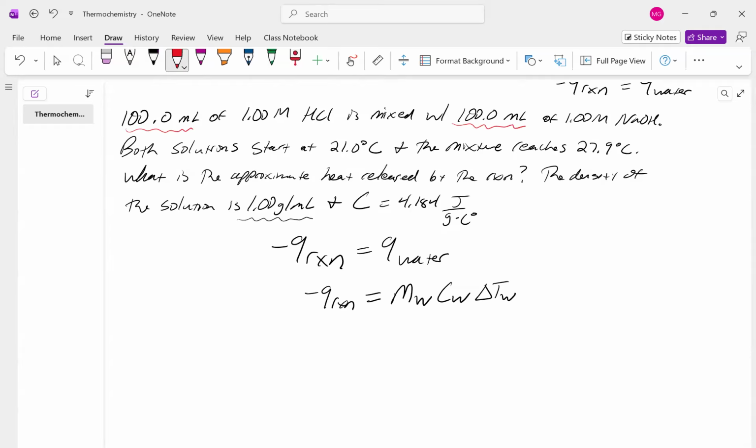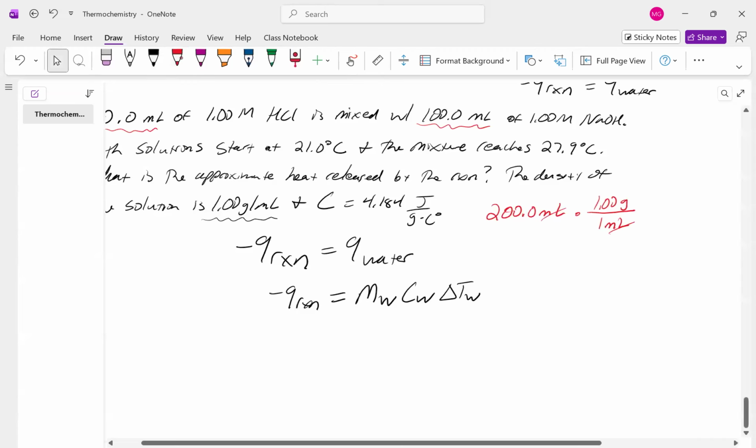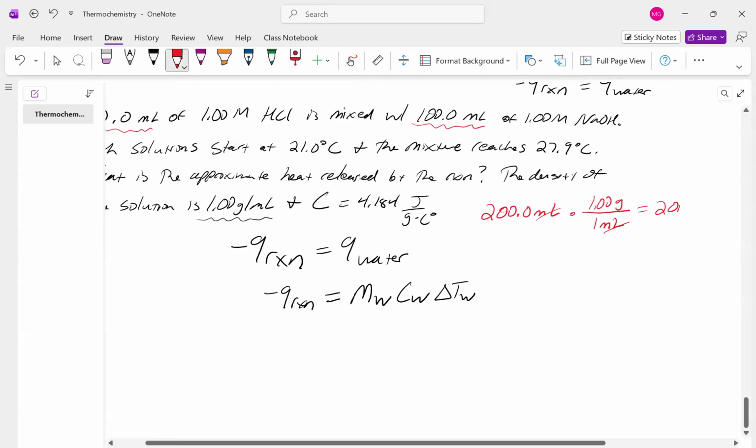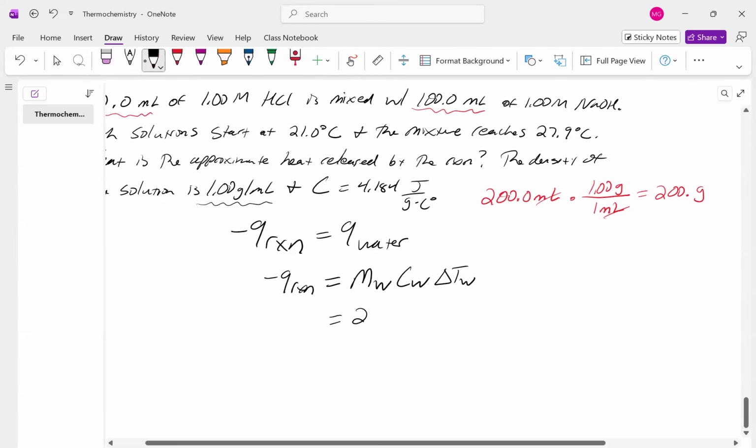So we have a total of 200 milliliters, and we're going to assume the density is 1 gram per milliliter. And so we have 200 grams of the solution. So let's plug that in here. 200 grams. Notice I'm kind of keeping track of sig figs here.